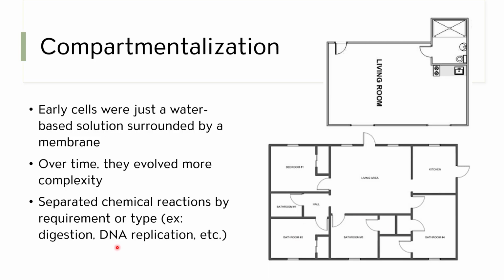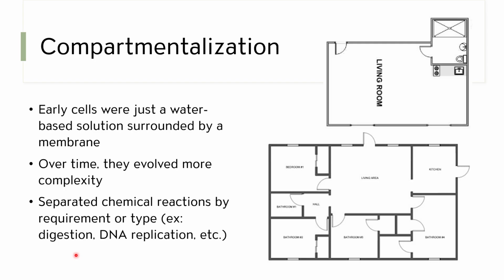So let's look at one example here. DNA replication, that is an anabolic process, meaning we are building a new molecule. We're starting with something small and creating something larger at the end. Whereas digestion, we're doing the exact opposite. We're taking something large and we're breaking it down. Digestion often requires lots of enzymes that break molecules, lots of acid.